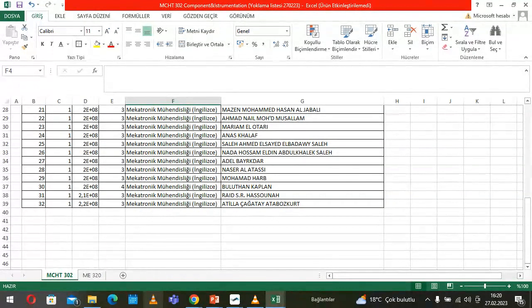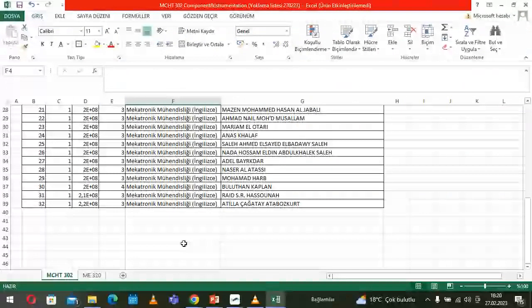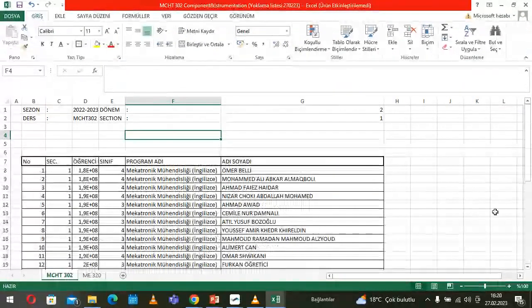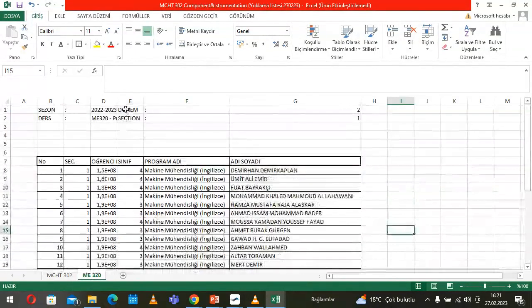Okay. 7 groups. 7 times 8 is 56. One group will have 8 members, the others 7. Okay. So, okay. Mechatronic machine. So then we can start.